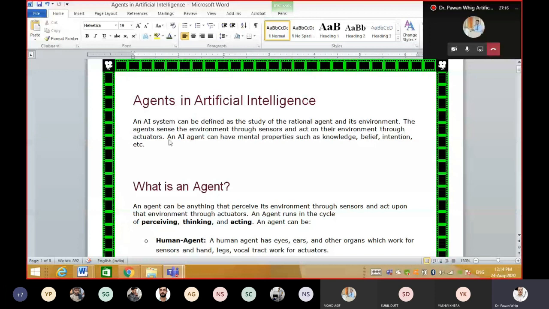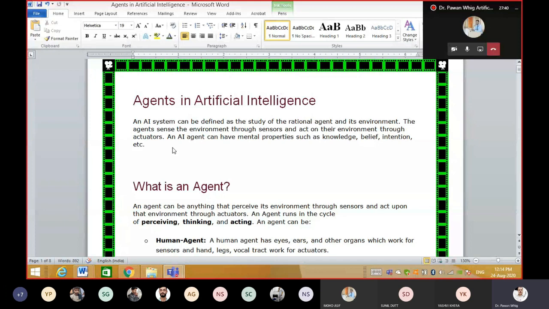The agent senses the environment through sensors and acts on the environment through actuators. This I told you. There are two words, one is sensor and the other is actuator. Sensors are something which sense from the environment, and actuators are something which take an action by the reading given by the sensors.